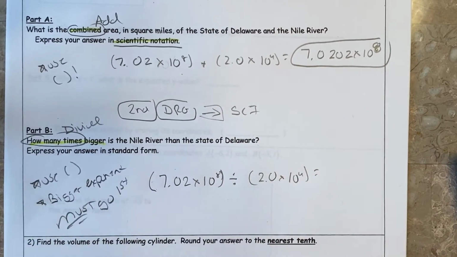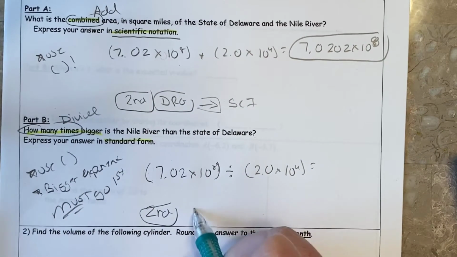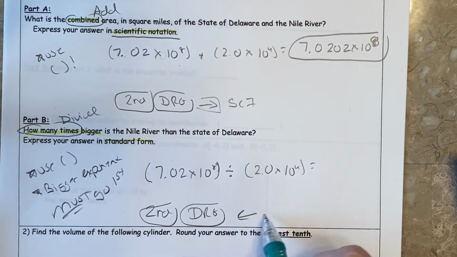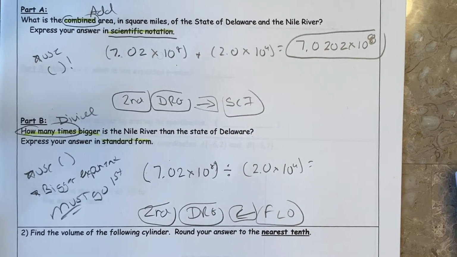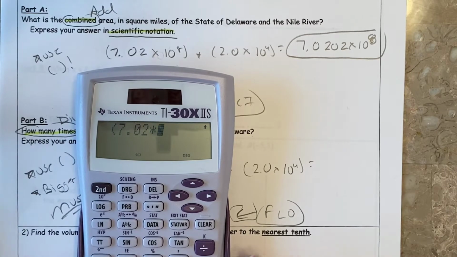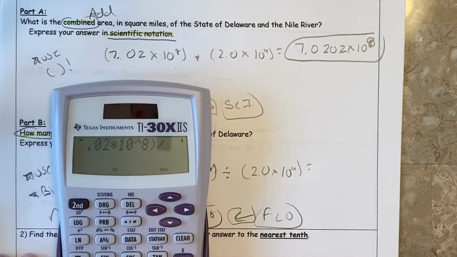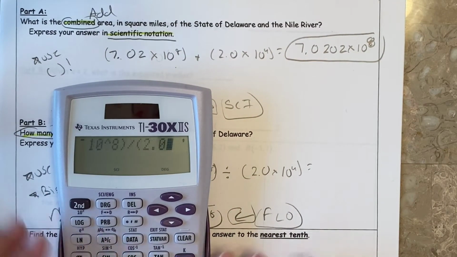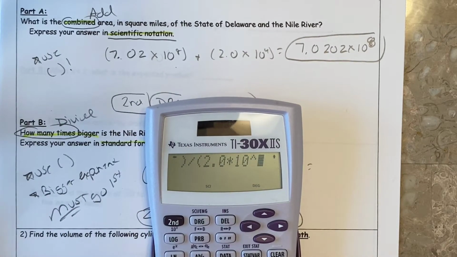And we want this to be in standard form. So it's going to be back to that second DRG, but now we're going to go back to FLO. All right, here we go. So parentheses, 7.02 times 10 to the 8th power, and then we're going to do divided by 2.0 times 10 to the 4th power.